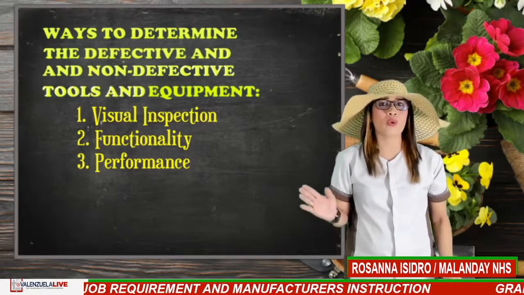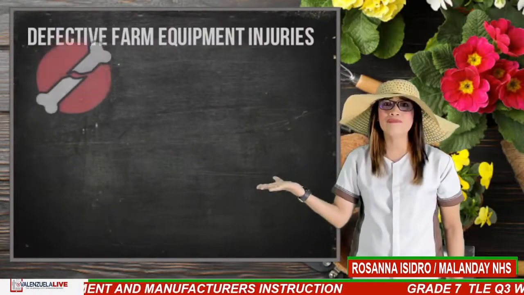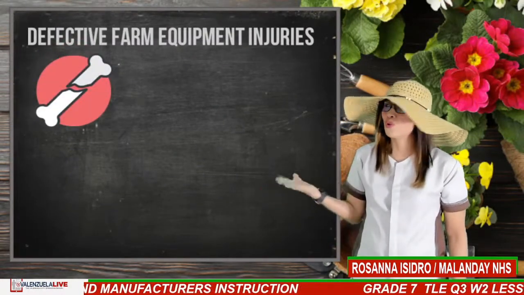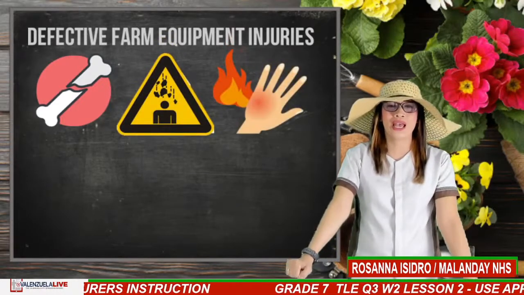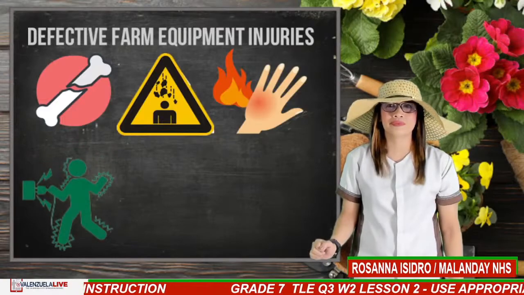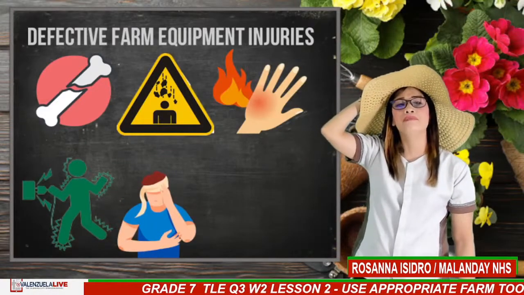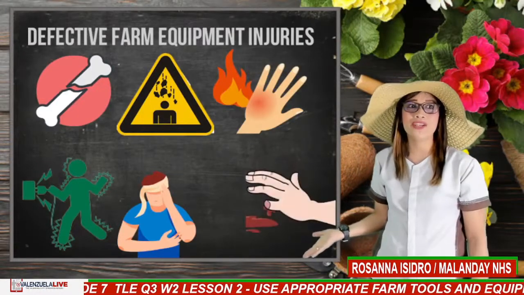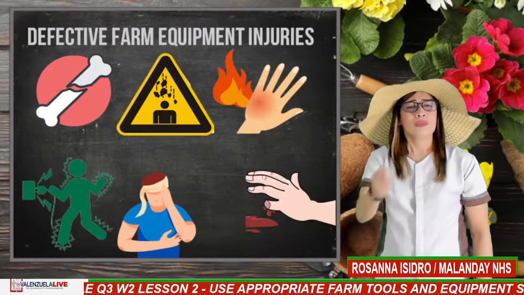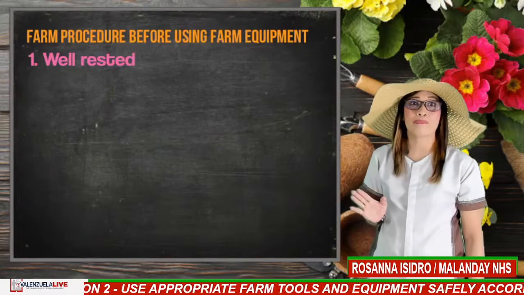Defective farm equipment injuries may also cause broken bones, crushing injuries, burns, electrocution, spinal cord, and traumatic brain injuries. Last, amputation injuries.